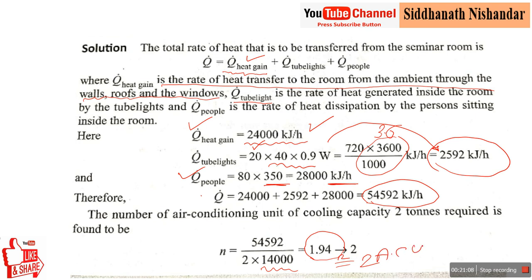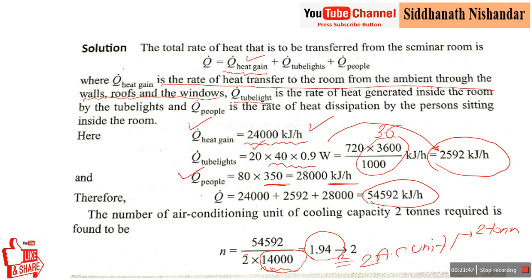2 air conditioning units having a capacity of 2 ton is very important. Each ton's value is given, each ton absorbs heat of around 14,000, and the capacity of each window AC is 2 ton, so it is multiplied by 2 here. It is a very simple numerical: we first find the total Q generated and divide by the heat absorbed by each air conditioning unit.